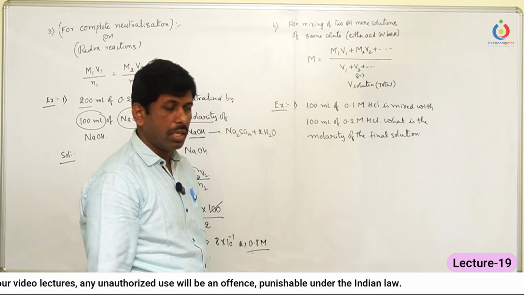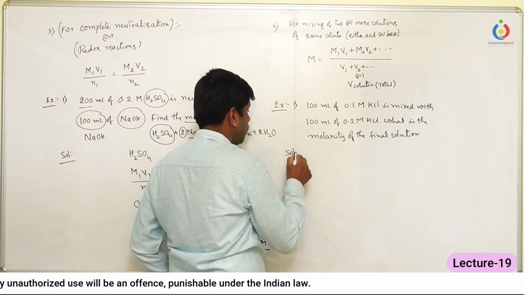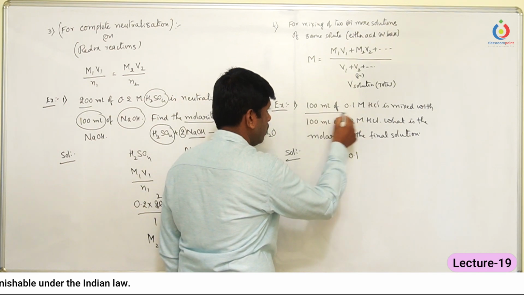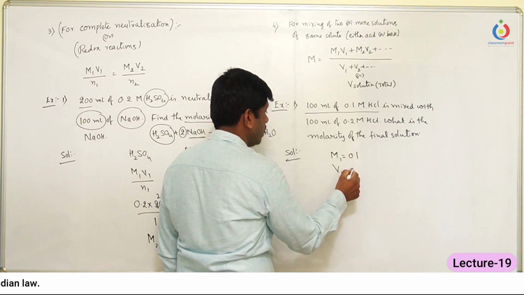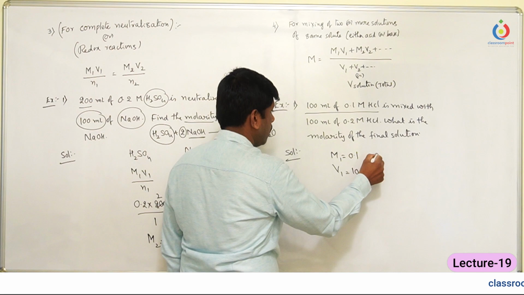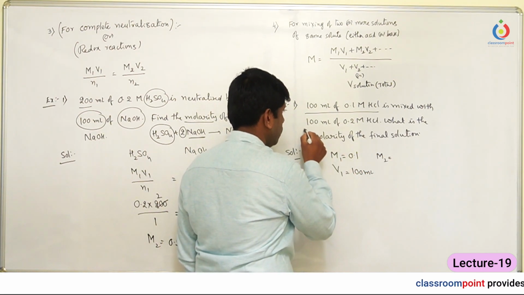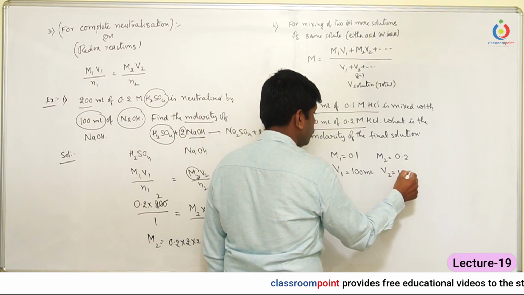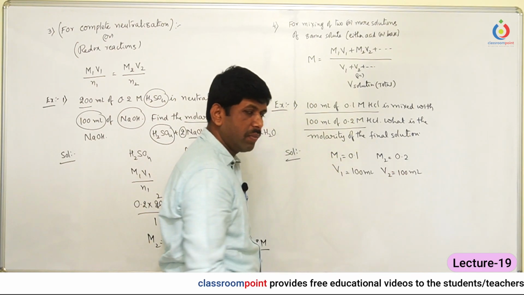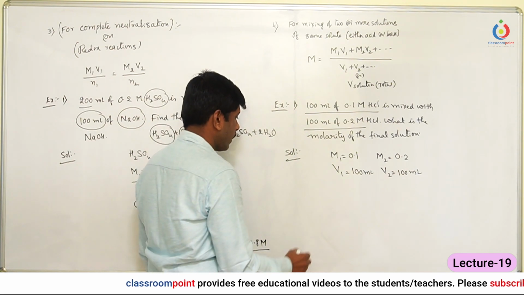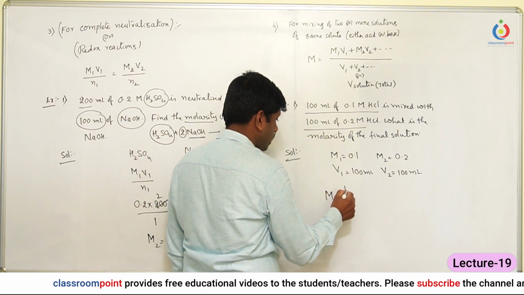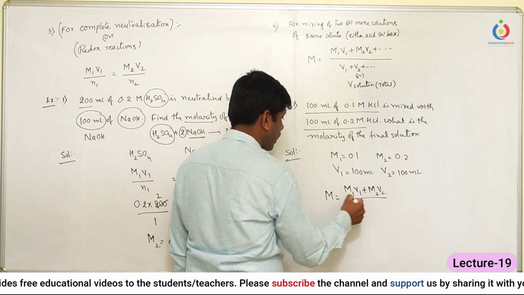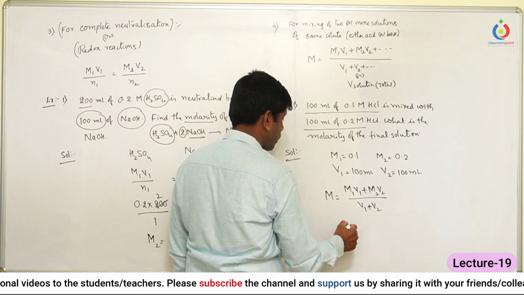So here 2 solutions are given. M1 value 0.1, first solution. Its volume is equal to 100 ml. M2 value, second solution, 0.2 M. Its volume is also equal to 100 ml. You can take a different ml if a different value is given in the question. So the final molarity equals M1 V1 plus M2 V2 divided by V1 plus V2.